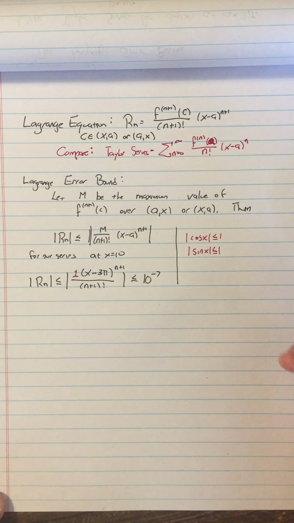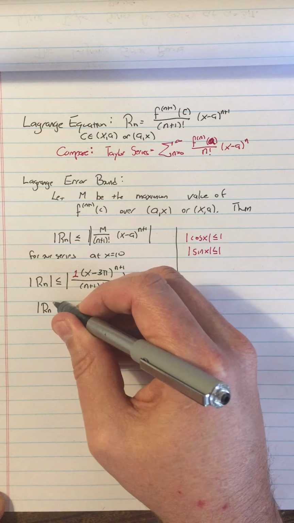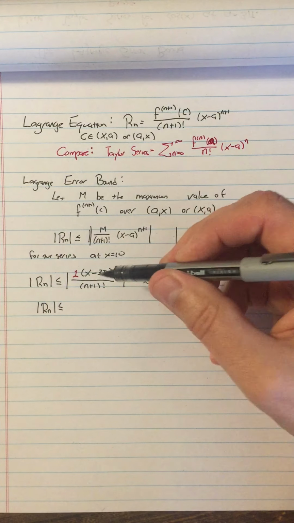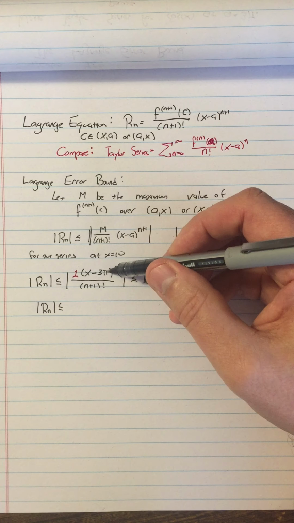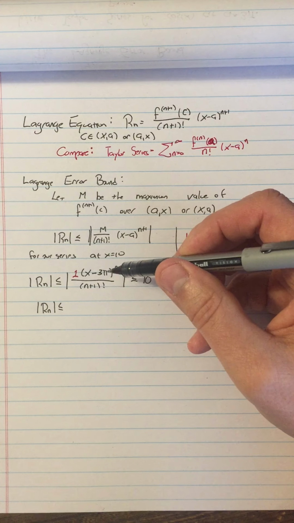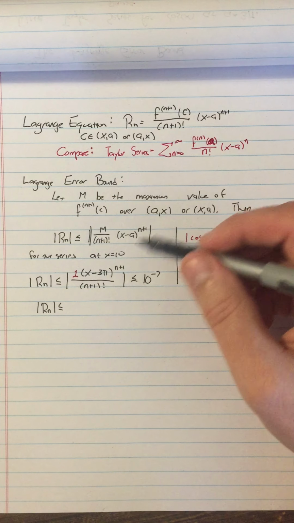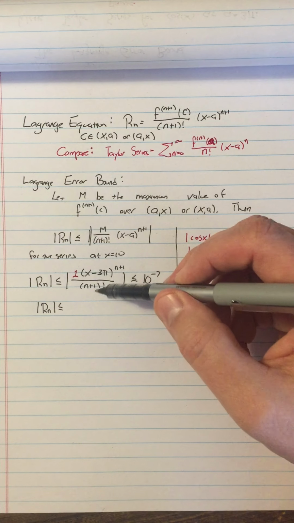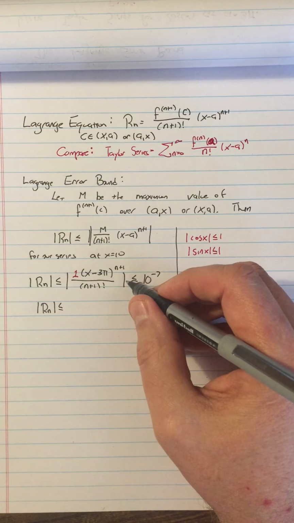All right, so at x equals 10 then, I can say that the absolute value of R sub n is less than or equal to... if x is 10, then 10 minus 3 pi is positive, and n plus 1 factorial is positive. Okay, so everything is positive here. That means I can drop the absolute value.